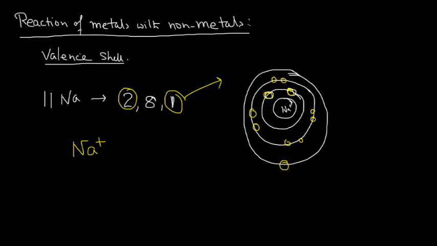Now let us see the structure of chlorine. The atomic number of chlorine is 17. So we can write 2, 8, 7.